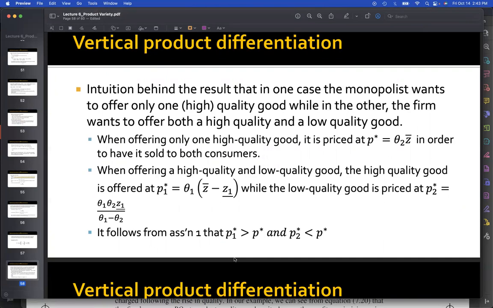So the high quality people will pay more under product differentiation than under uniform pricing. And P2 star will be less than P star under price discrimination, because you'd want to lower the quality for the low willingness to pay people.